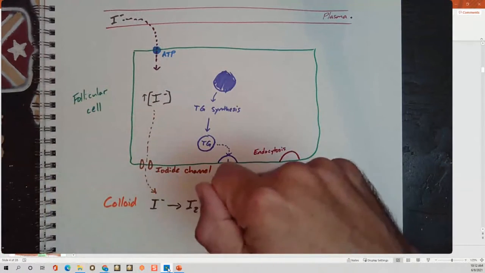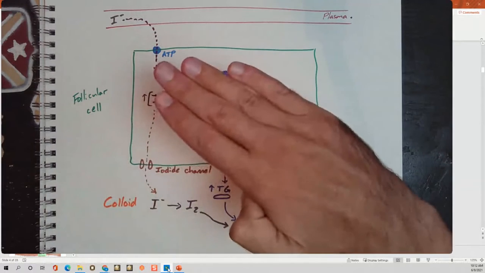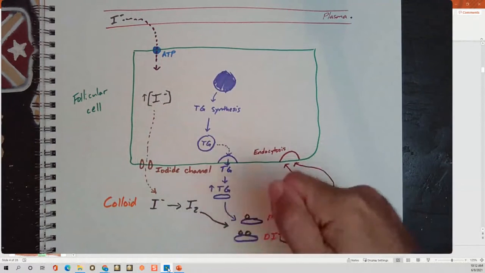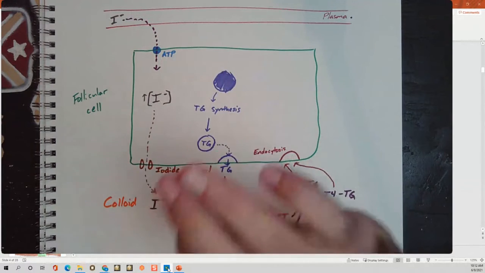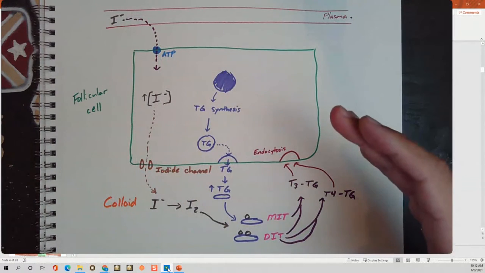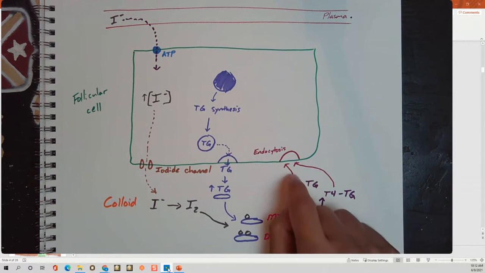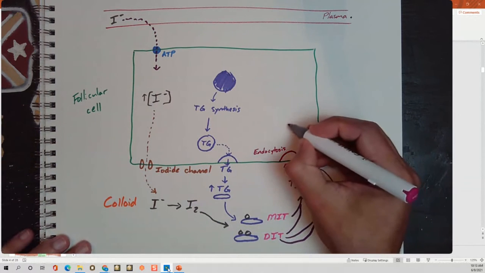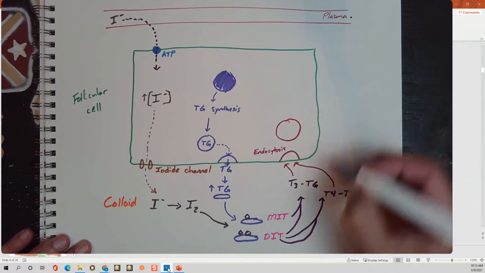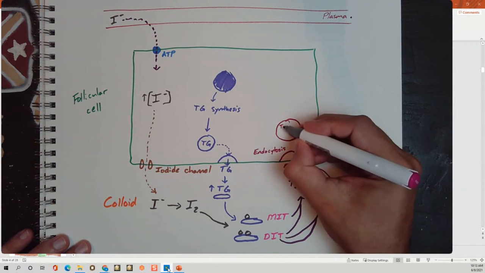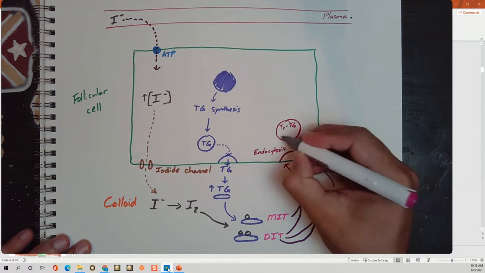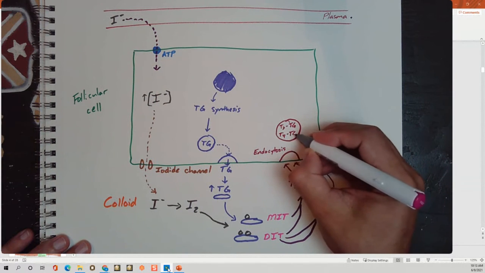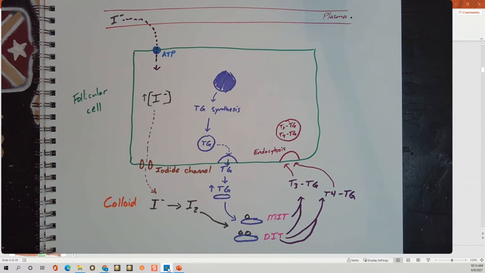If you've ever made a bubble by blowing a bubble, you know, you got a flat surface of the soap on that bubble wand, and when you blow on it, it creates the bubble from a flat surface. Yes, no, maybe so? That's literally what's happening right here. And those proteins get stuck inside of that bubble as it's being made. Pretty cool, huh? So as endocytosis occurs, we create a bubble. That bubble's got T3 still bound to thyroglobulin, and T4 still bound to thyroglobulin inside of it.